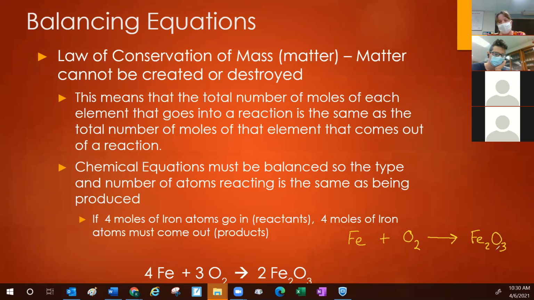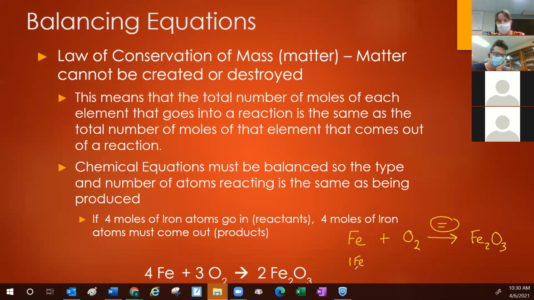If you look at this reaction as written, though, the numbers game doesn't work out, meaning the reactant side and product side are not equal. If we look at the iron on the left side, the reactant side, there is only 1 iron atom there. Remember, if no subscript is written, it's a 1. So there's 1 iron on this side. But remember, this arrow is really just an equal sign.